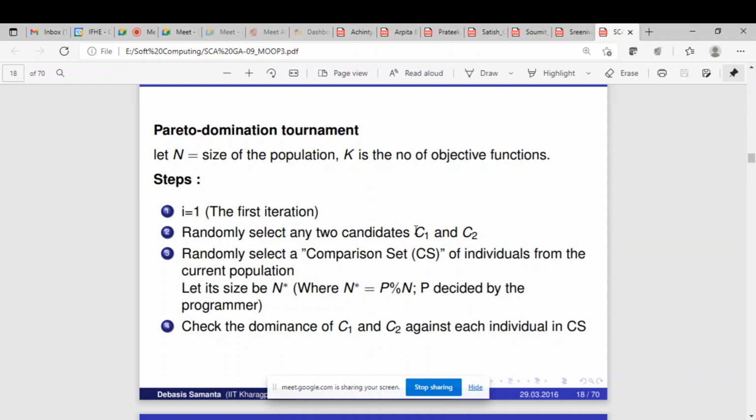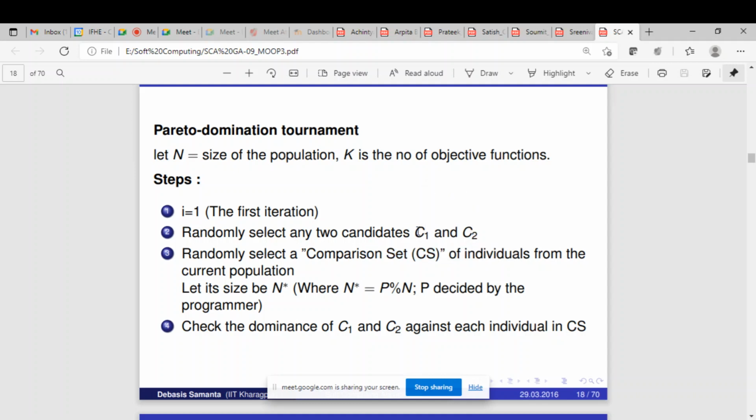Then what the algorithm does is it checks whether C1 dominates everybody in this comparison set or not. Similarly, it checks whether C2 dominates everybody in this comparison set or not.